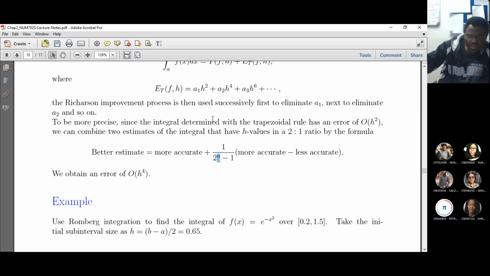Unfortunately, it's not mentioned here. But it's this one. You can see here, the error term is big O h to the 2. That 2 is the order of accuracy. That is the n we put here.